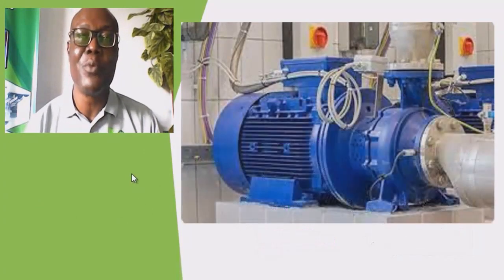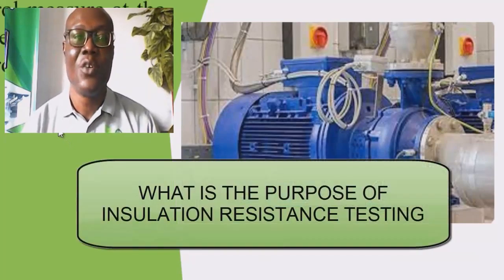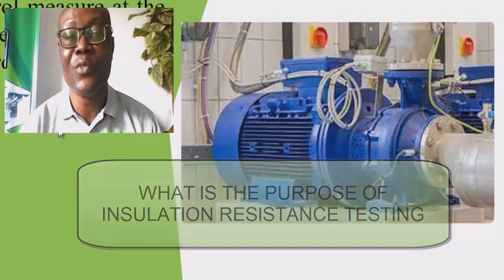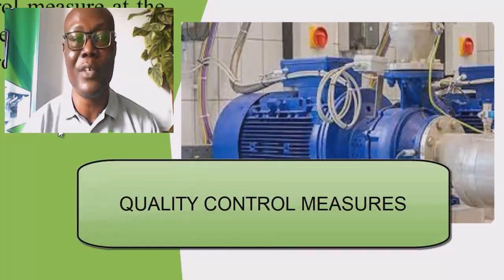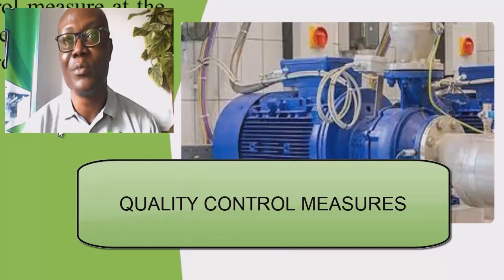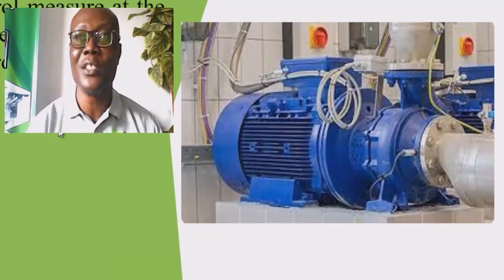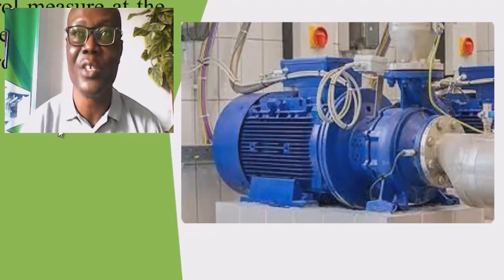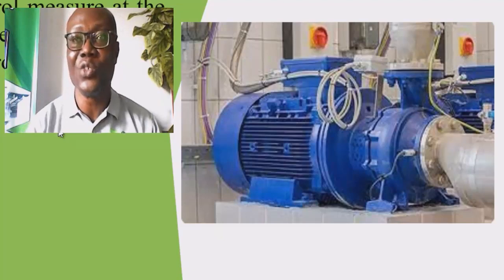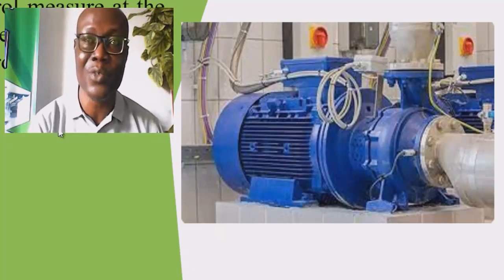So what is the purpose of insulation resistance test? One, it is used for quality control measures at the time of the production of the piece of equipment. As the equipment is produced, it's expected to have a level of insulation resistance so that when it is used, it will not fail due to poor insulation.